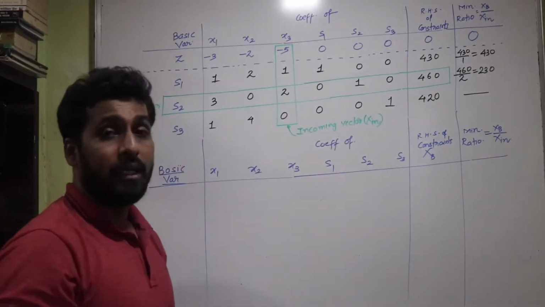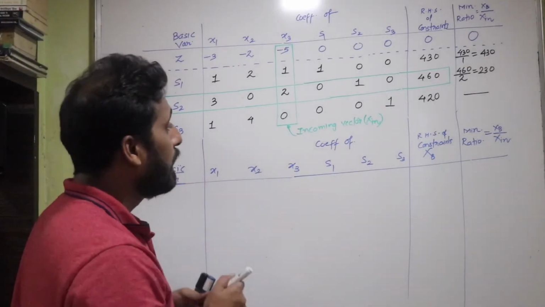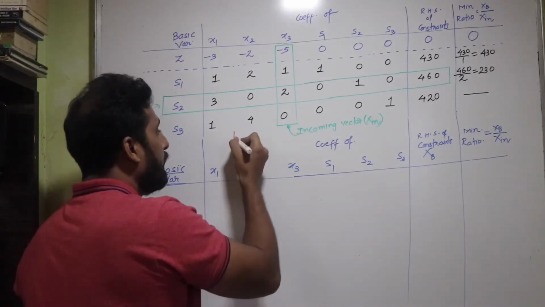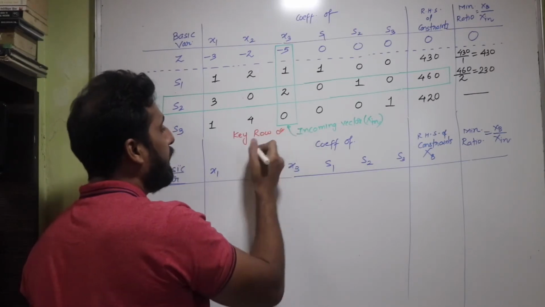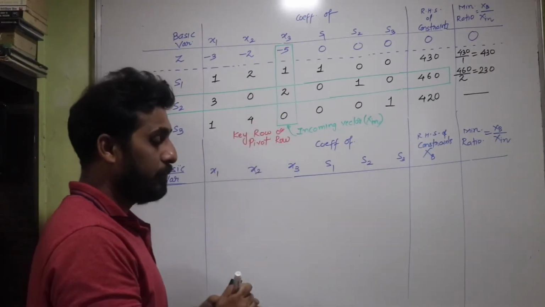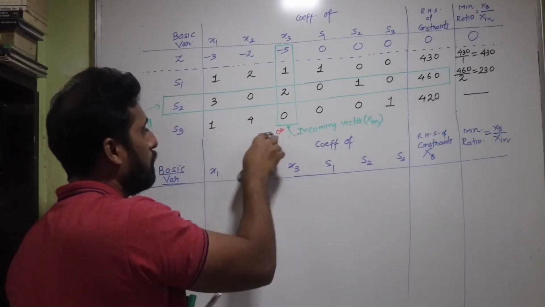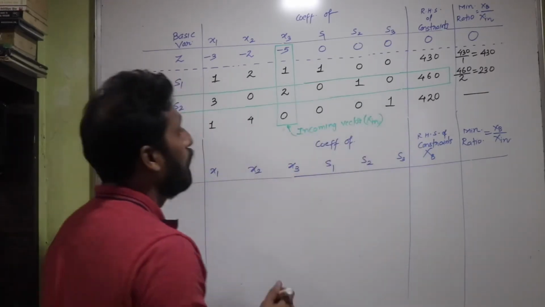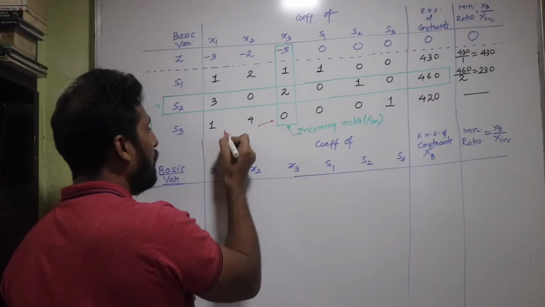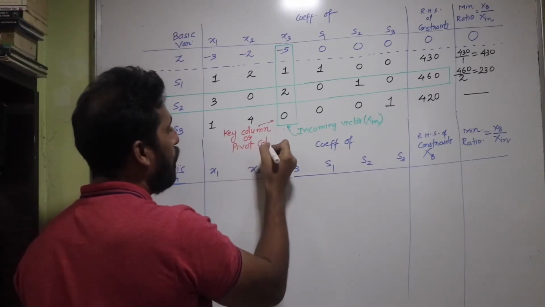Now students, understand this. The incoming vector, in our case X3, is going to be called the key column, or the pivot column.